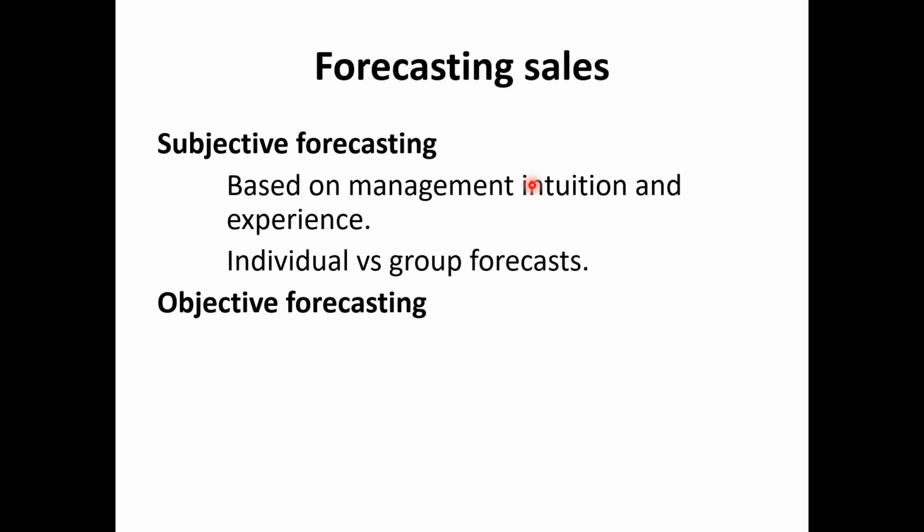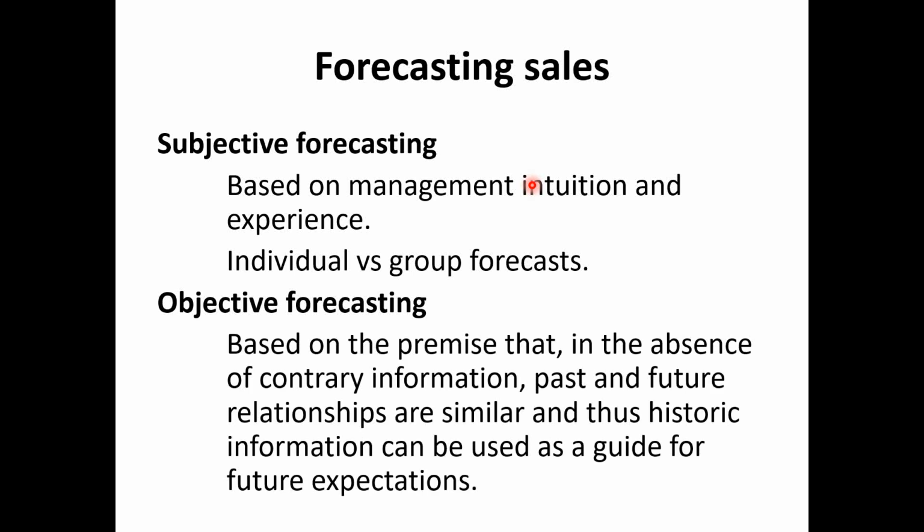However, the disadvantages are that we may have confrontation between the members, and one member may attempt to dominate the meeting. For objective forecasting, we see that it is based on the assumption that in the absence of contrary information, past and future relationships are similar, and thus historic information can be used as a guide for future expectations.